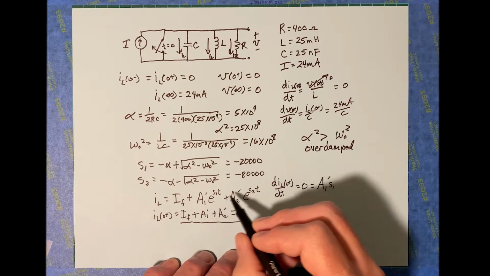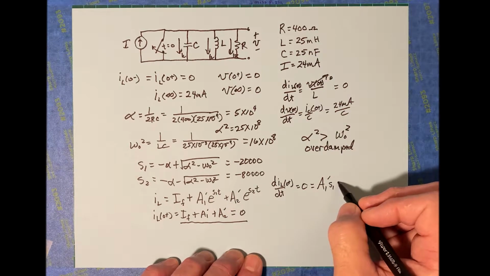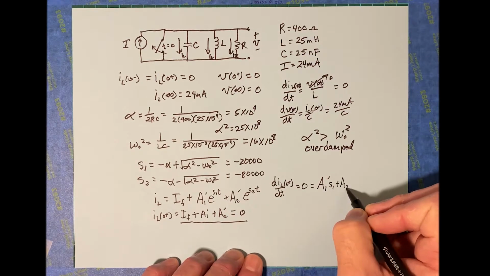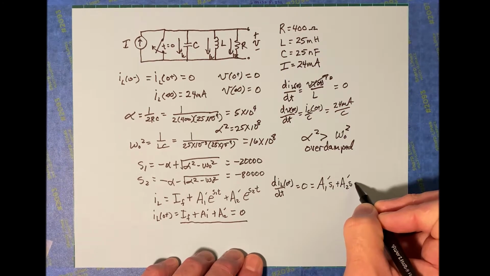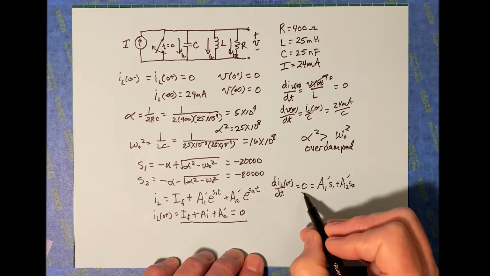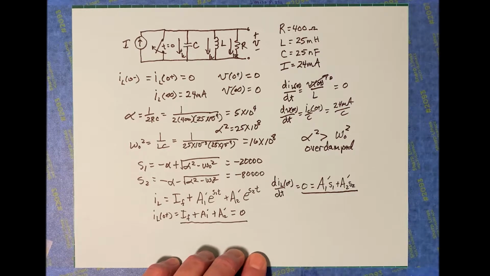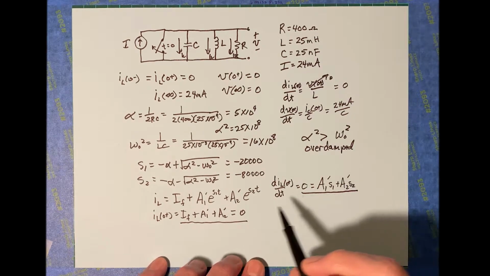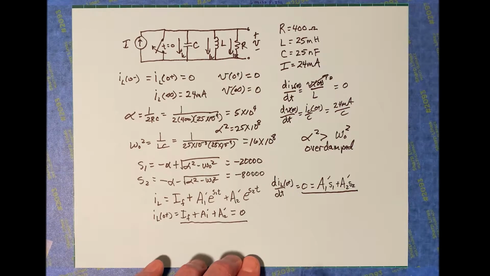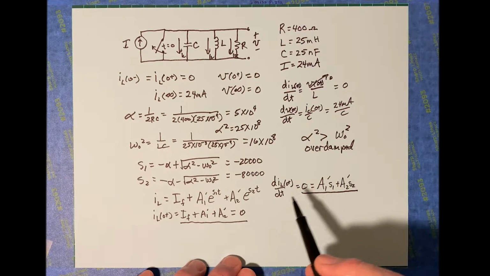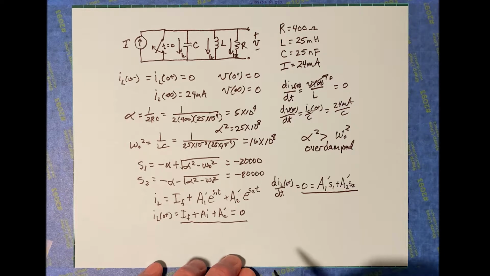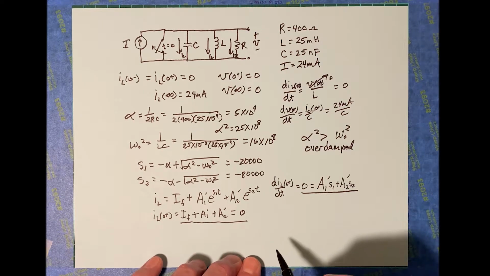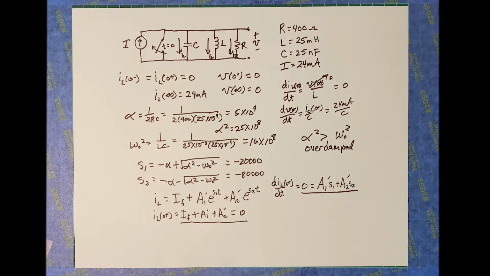Again, evaluated at t equals 0, the exponentials go to 1, plus A2 prime S2. There is our second equation there. Okay, so we've got our two equations, two unknowns. You should be able to go through the process of solving those two right there.